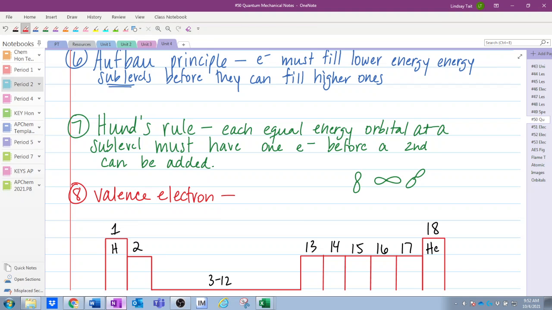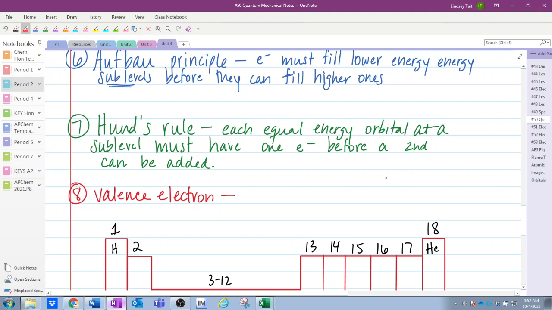It's like the same level of ticket on the plane. I can go to these other open ones and get far away. So I'm going to put 1 electron here, 1 here, 1 here. And then if I still have more electrons in my atom, I'll circle back and put the next one here, but only because Aufbau tells me I have to fill all of these energies before I go to the next higher energy one. So eventually I will have to fill them, but I won't double them up until I absolutely have to. So that's Hund's rule.